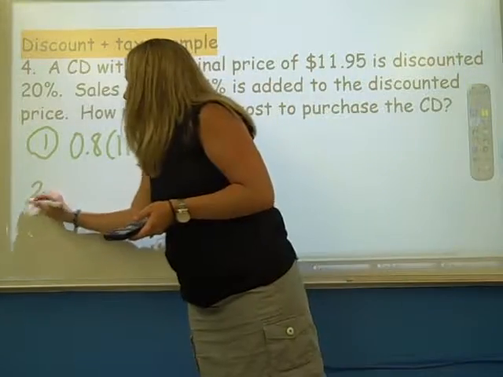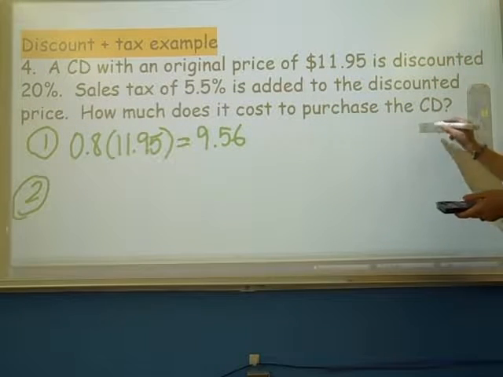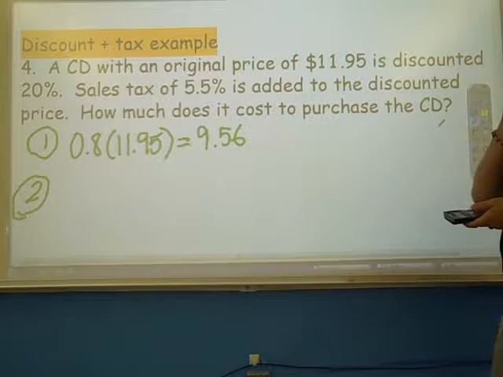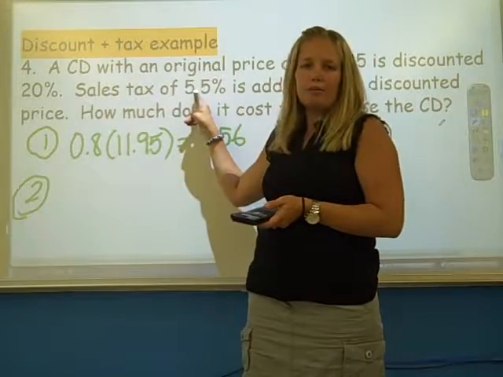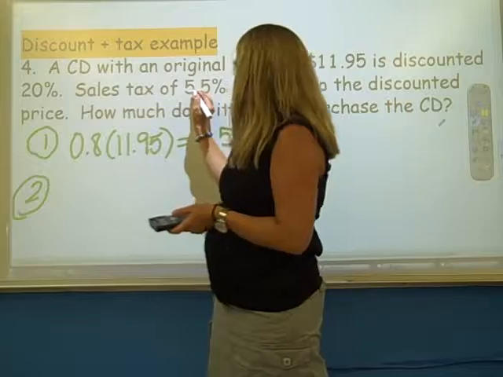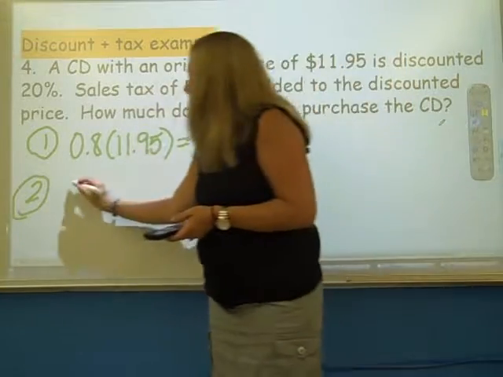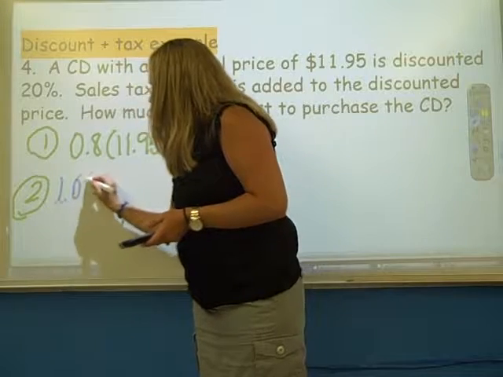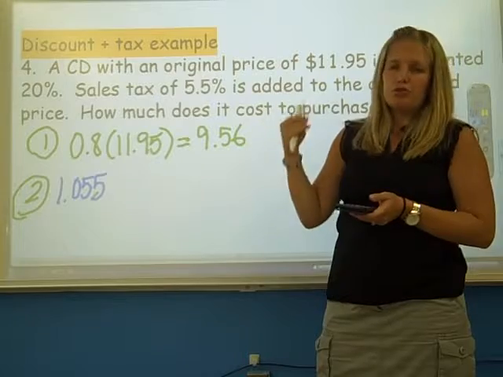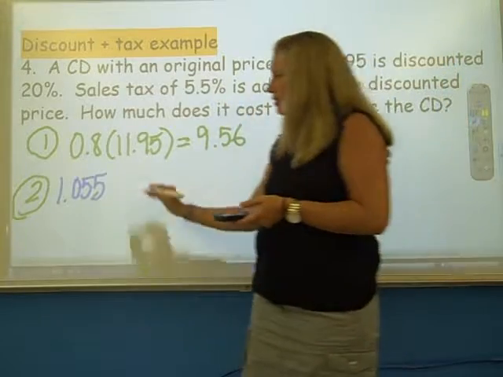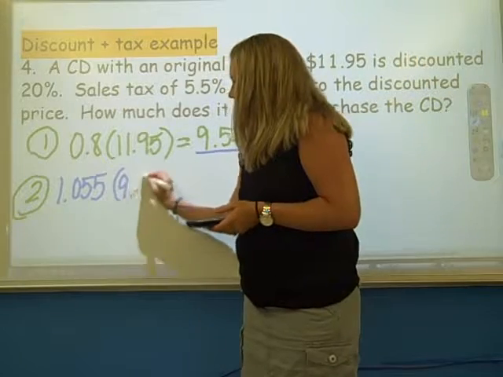Step 2, the sales tax is 5.5%, added to the discount price. How much does it cost to purchase the CD? I'm going to add 5.5%. This means 105.5%. When you move it over to a decimal, 1.055 is what that equals. So I'm doing it again in 1 step. 100% plus the 5.5% times what we're paying for it, $9.56.